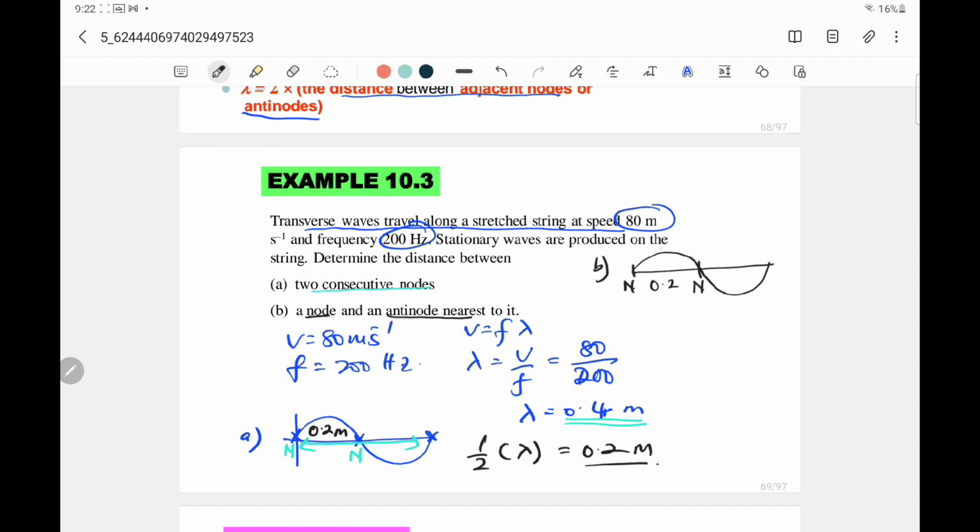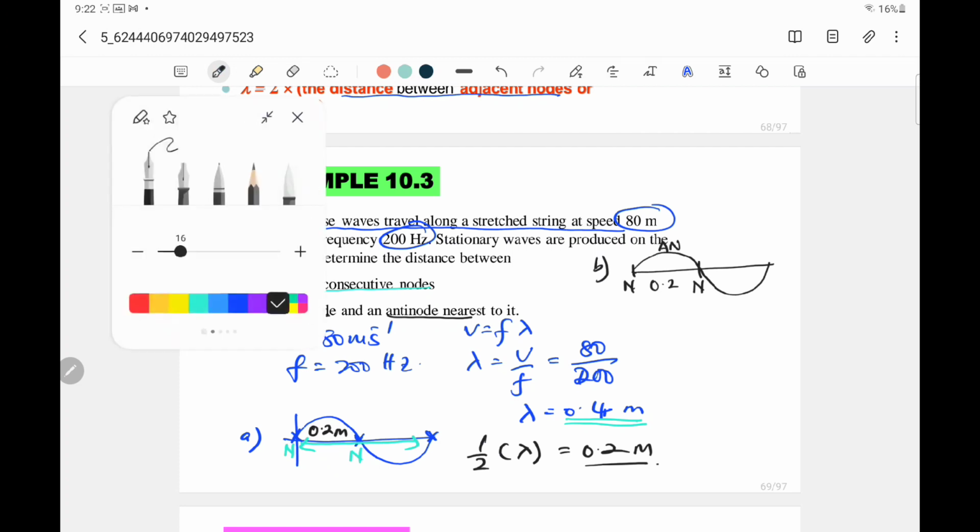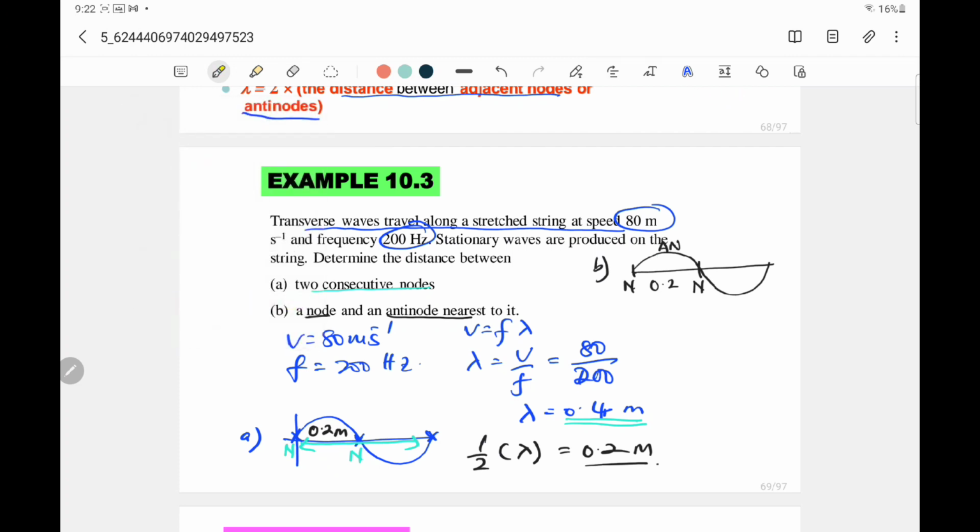This one we call the antinode. So the distance between the node and antinode is 1/4 lambda, which equals 0.1 meters.